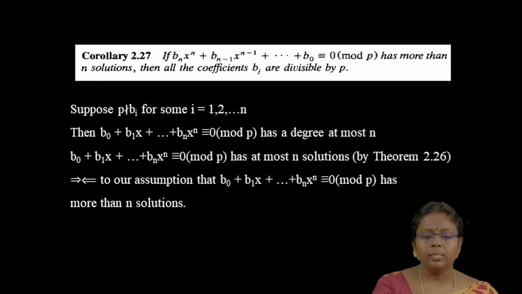Then b0 plus b1x plus etc. plus bn x^n ≡ 0 mod p has degree at most n, so it has at most n solutions by the previous theorem. This is a contradiction to our assumption that it has more than n solutions. Therefore, all the coefficients bj must be divisible by p.